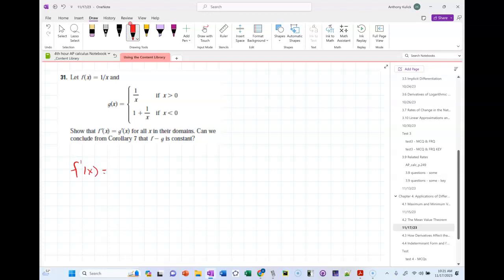Remember, f prime is just going to be the derivative of x to the negative 1, or negative 1 over x squared. And this is, again, if x is not equal to 0, right? How do I do a derivative of a piecewise function? Well, I just differentiate each piece.